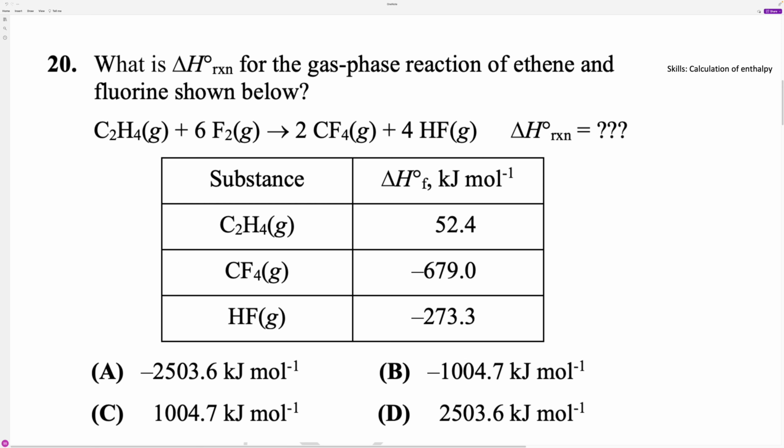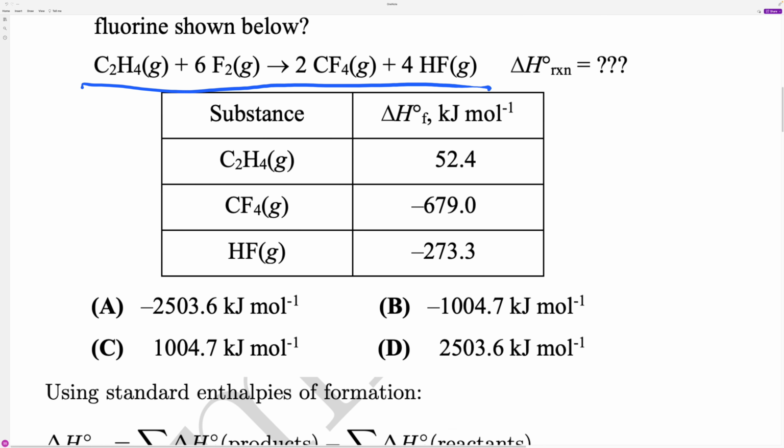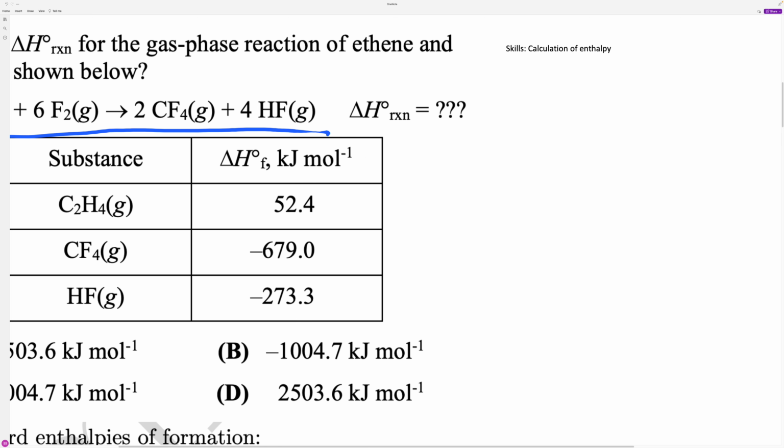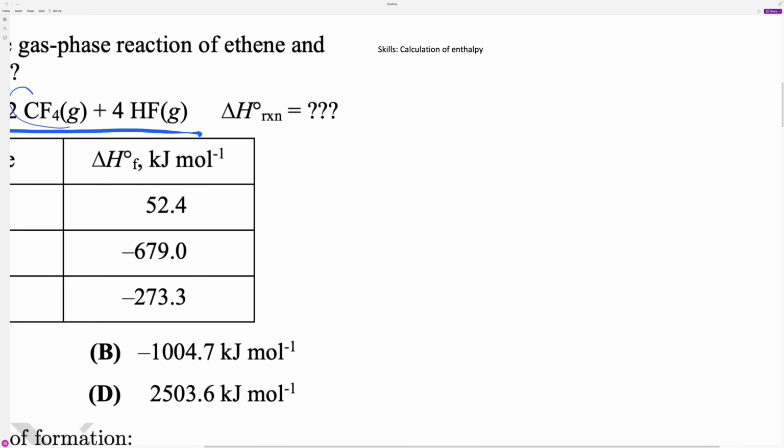Moving on to question 20, it's asking what the enthalpy of reaction is for this reaction given here. And the main equation we must know for this is that the enthalpy of reaction equals the sum of the enthalpies of the products minus the sum of the enthalpies of the reactants. So in this case, we notice the products are CF4 and HF, and we have two CF4s here, and 4 HF here.